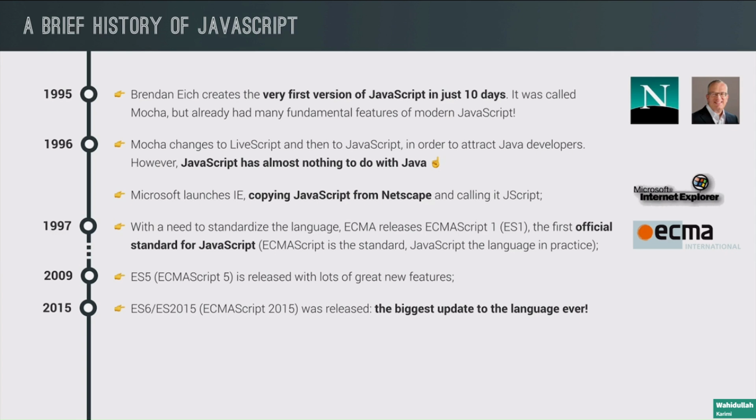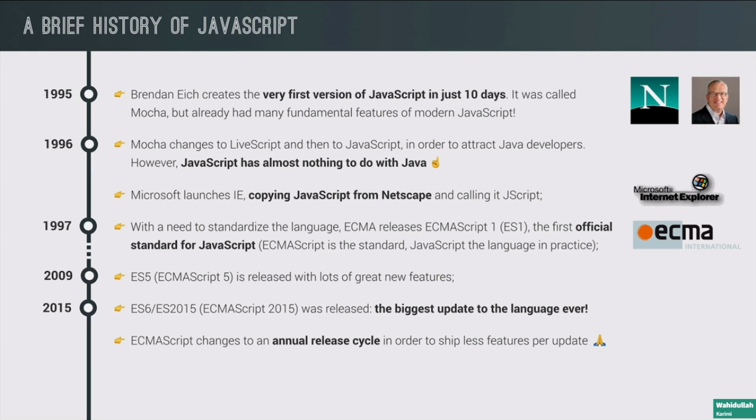Now, you will also see ES6 being called ES 2015, which is actually the official name, but most people just call it ES6. And so that's what I'm going to do here as well. And actually the reason for ES6 being called ES 2015 officially is that in 2015, ECMAScript changed to an annual release cycle. So right now, there's going to be a new release every single year.